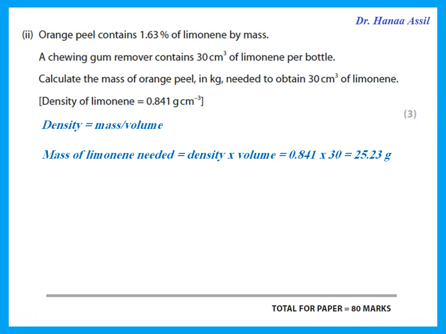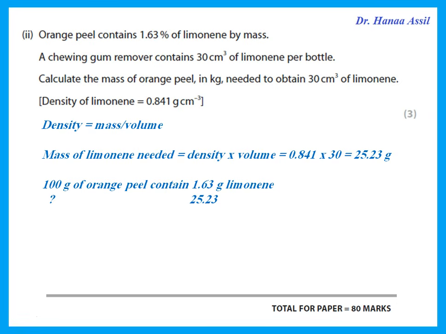The density is 0.841, and he says I need a volume of 30 centimeter cubed. Remember, density is in gram per centimeter cube, so I can multiply by 30 directly. This gives me the mass that I need. Now, he's telling me that orange peel contains 1.63% limonene. That means if I have 100 grams of orange peel, it will have 1.63 grams of limonene.